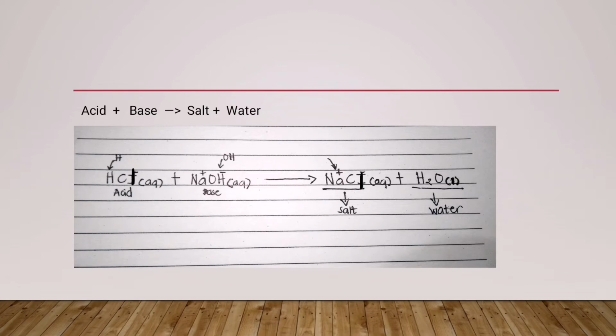Now, we can tell that it is an acid because acid typically starts with hydrogen, which is the H. And base, on the other hand, typically ends in OH, or the hydroxide. So this is how it will work.